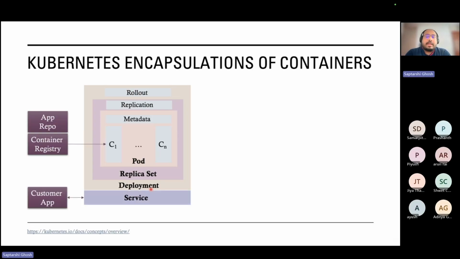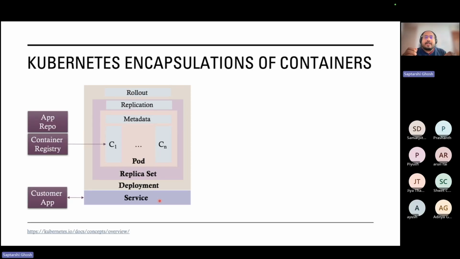Now, a deployment can only communicate with other deployments inside a Kubernetes cluster. They don't have access to the networking resources directly. For that, we add an extra layer, an additional entity called a service, and we say this service is linked with a deployment.